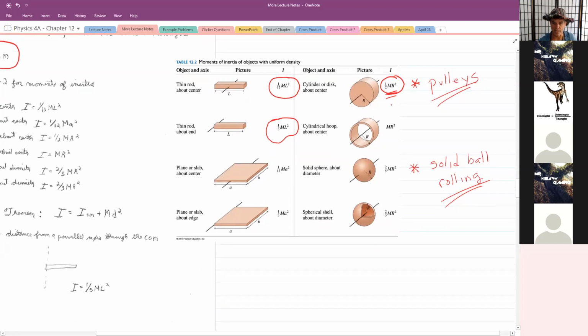And then the other one is a solid ball. For a solid sphere, we're going to look at objects rolling on Thursday. A rolling object has kinetic energy, and the rotational part of it, the rotational kinetic energy, depends upon the moment of inertia. And for a sphere, it's 2/5 mr squared.